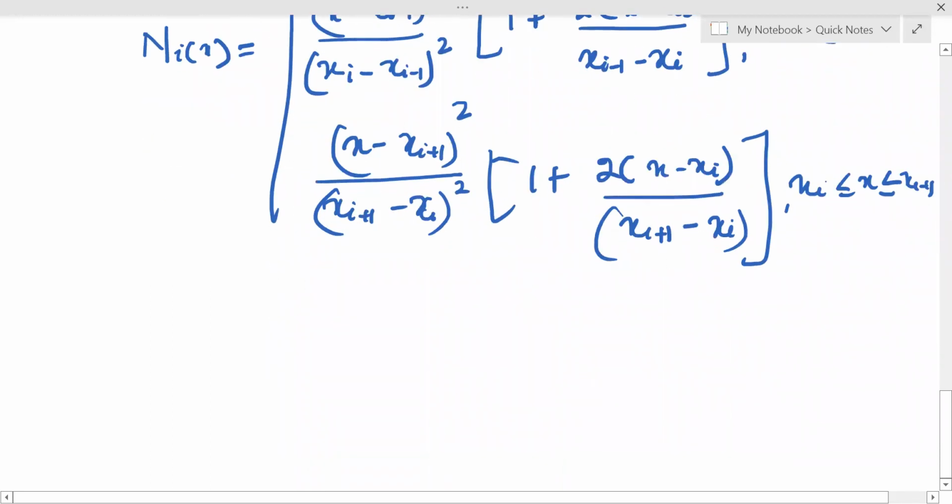And another condition is also that it is 0 when x is greater than or equal to xi plus 1.